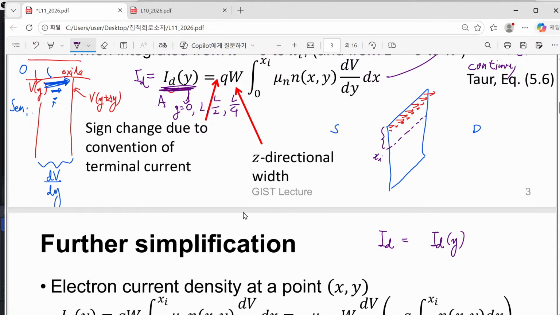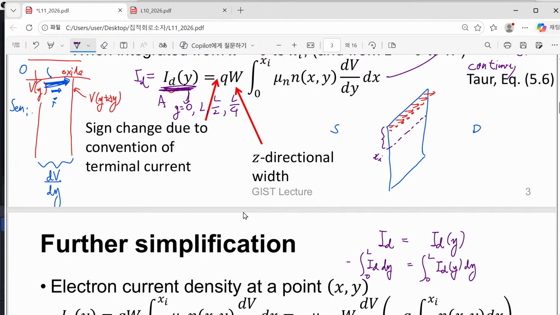Let's integrate the left-hand side term and right-hand side term from 0 to L. Sorry, I'm doing a really trivial one. So I want to do ID dy from 0 to L, and also the 0 to L integration of I dy dy.